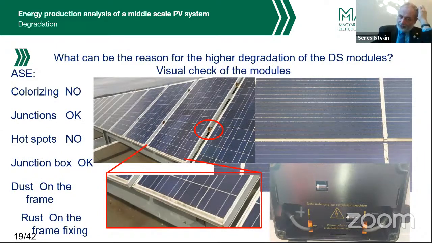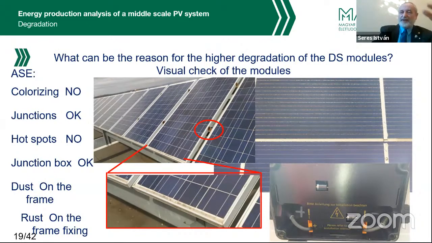We are checking the system regularly, and these are the polycrystalline modules. When we checked the system, there was no sign of degradation. Visually, we could see nothing. Of course, what you cannot see by eye is, for example, the effect of the UV radiation.